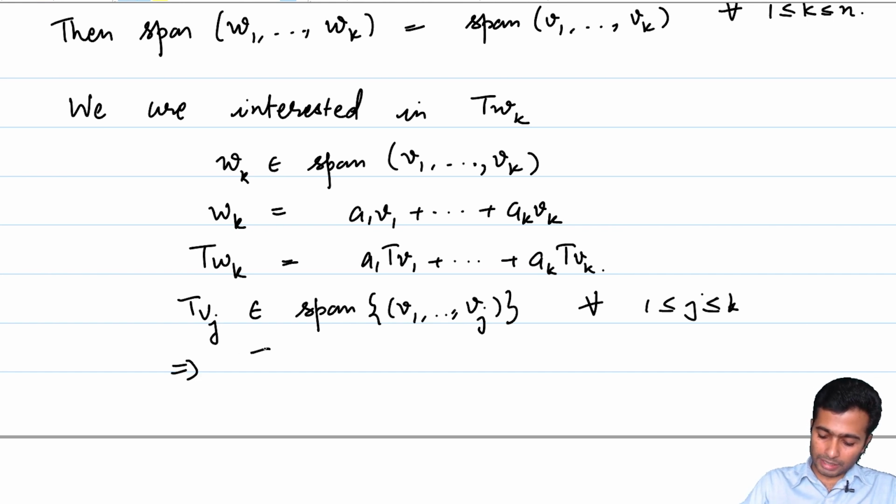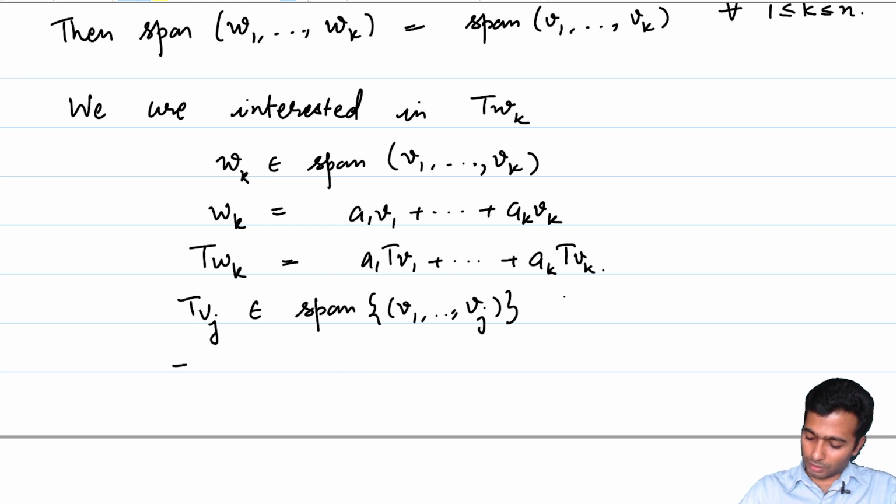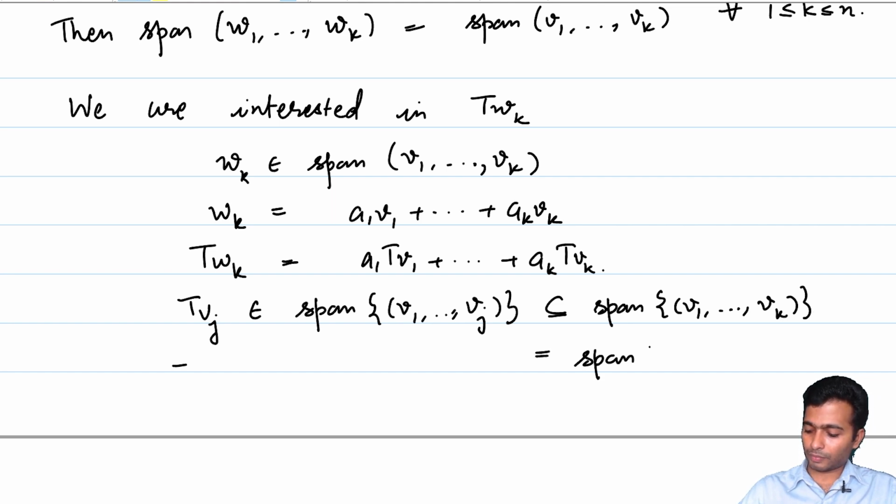This would imply that TWk belongs to, and is contained in, the span of V1 to Vk, which is equal to the span of W1 to Wk.